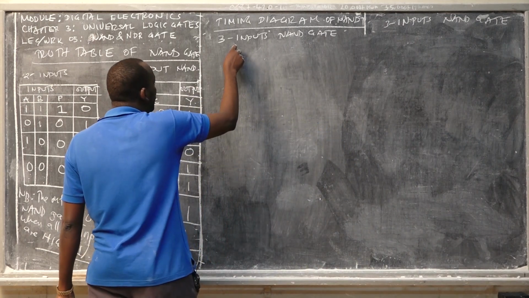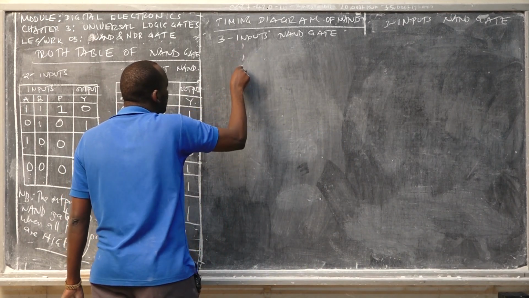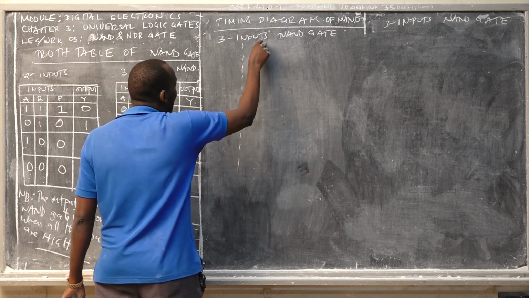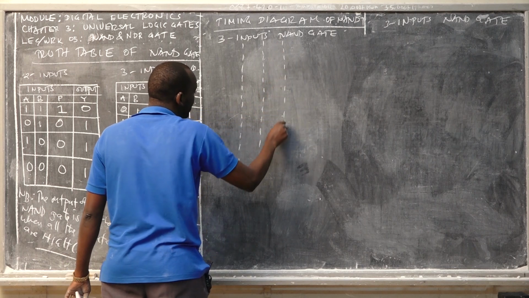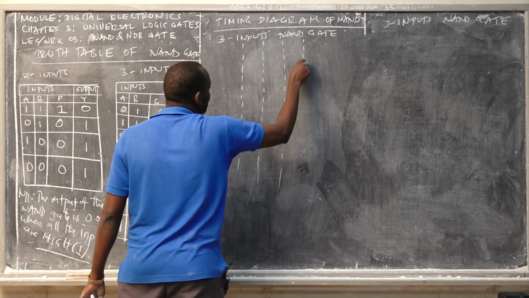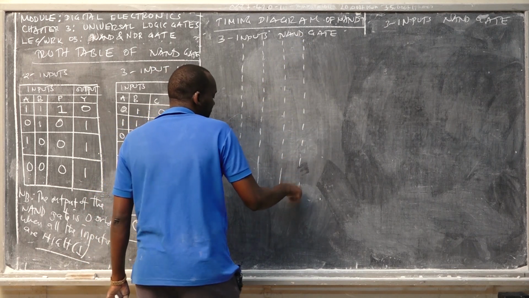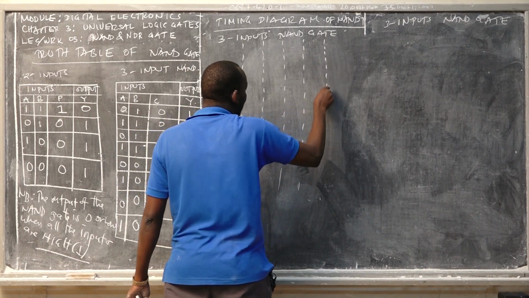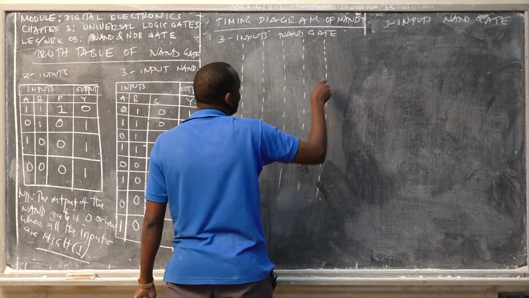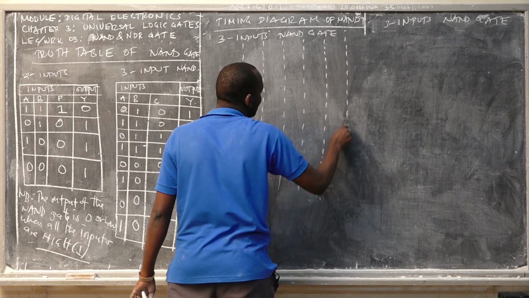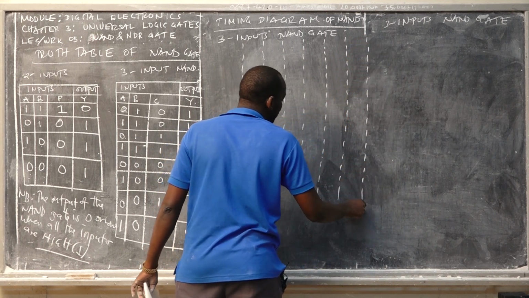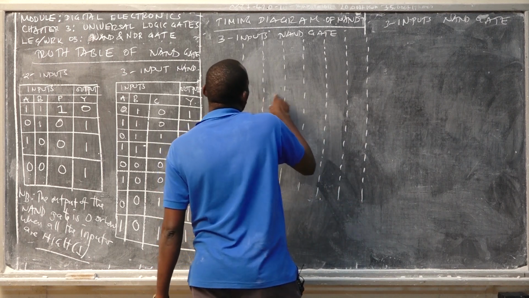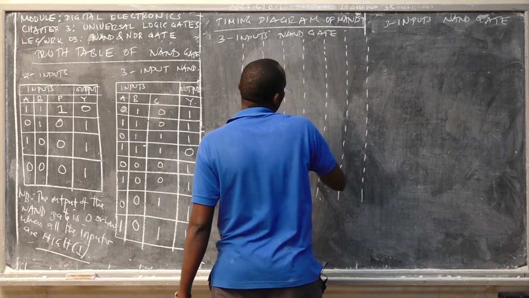So first of all, we need what? We need the dotted lines, isn't it? How many? 8, yeah? Are you sure? Ask your neighbor, did you understand why are we saying 8? 1, 2, 3, 4, 5, 6, 7.